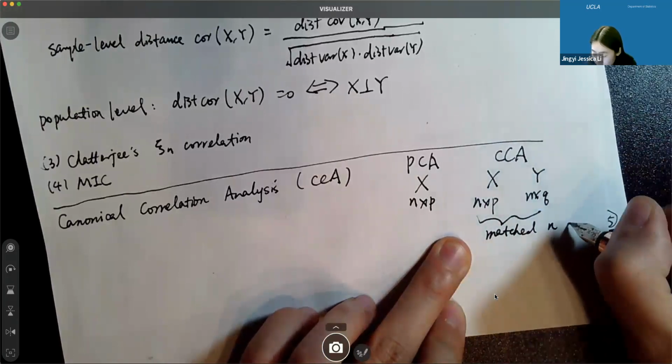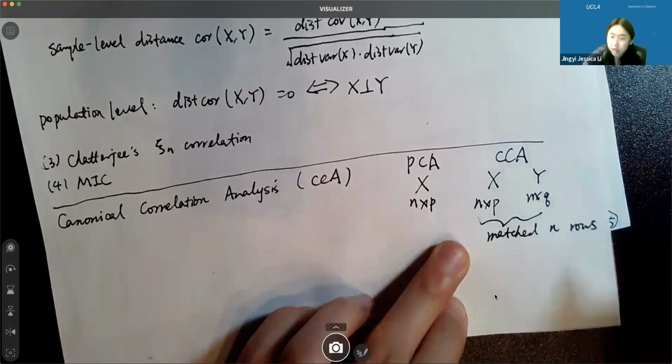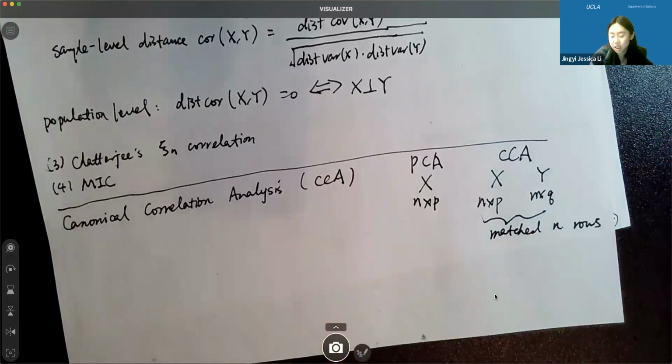In other words, for each observation, I measure its P features in X and I measure its Q features in Y.